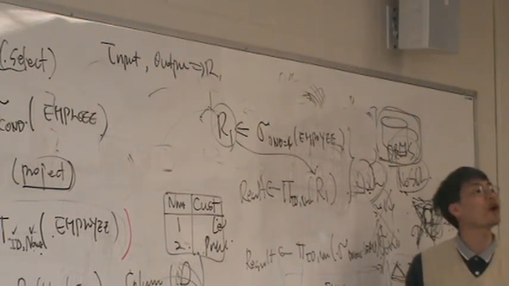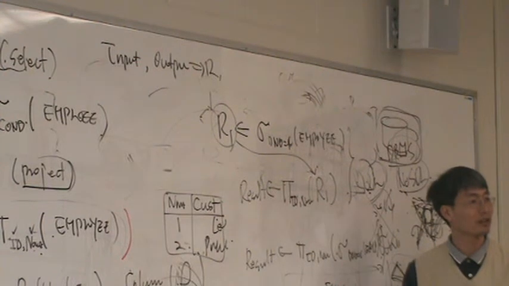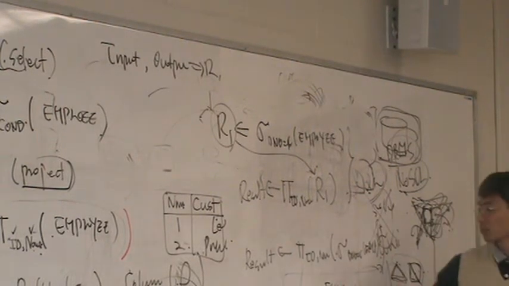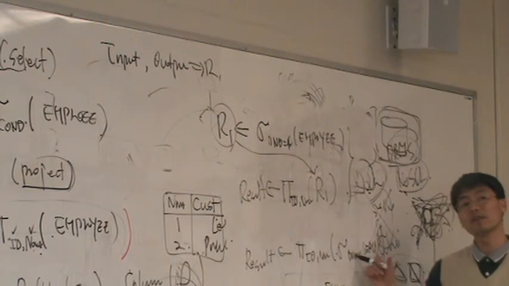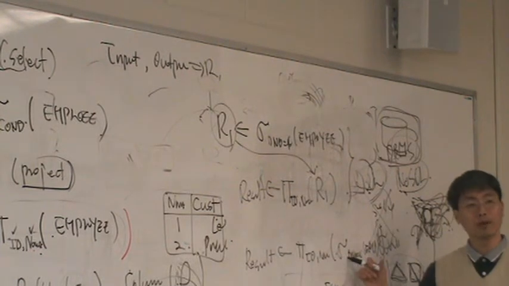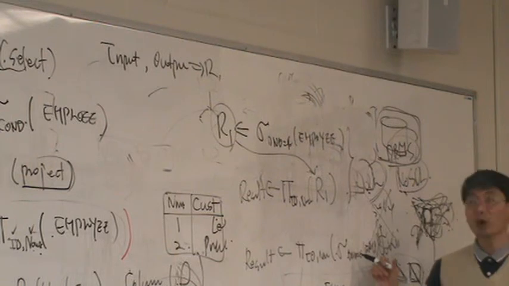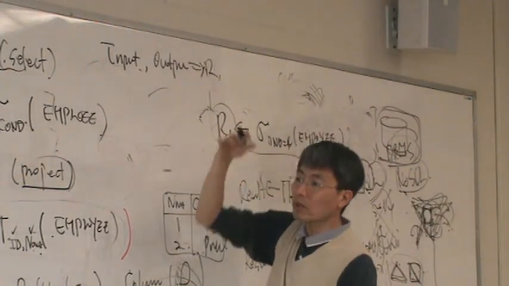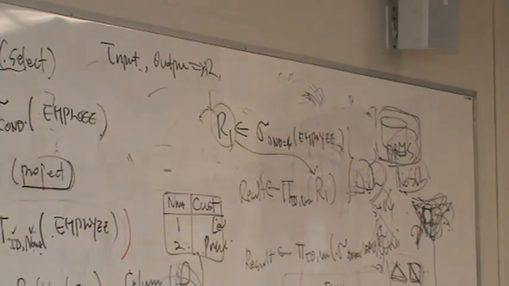Like an equation in algebra. An equation is the combination of numbers and operations. Right? Plus, minus, divide, whatever. Same thing. An expression is the combination of relational operations, because their input and output should be relations. So we can use it any time, like this one. Okay?